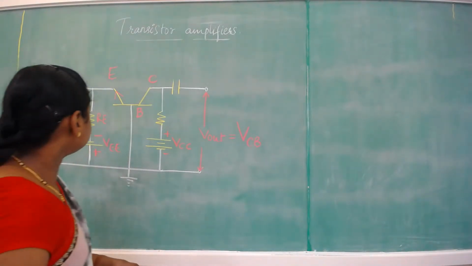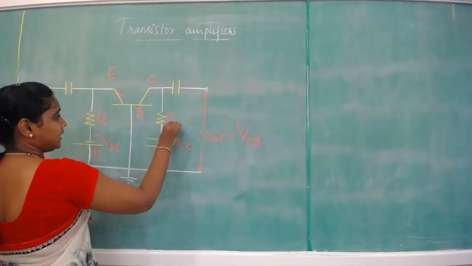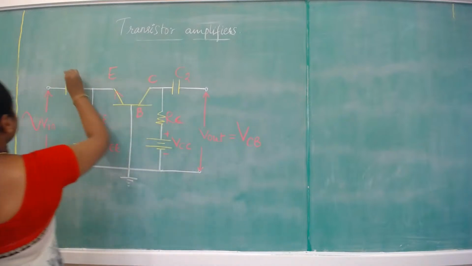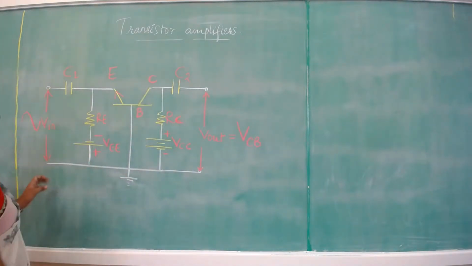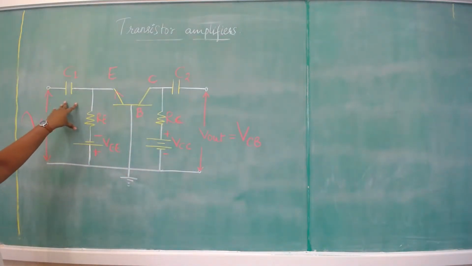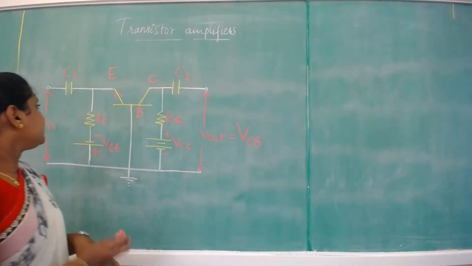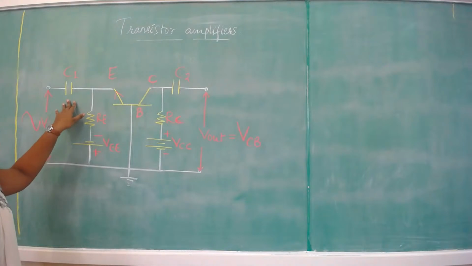This is termed as RC. This is C2 and this is C1. These capacitors C2 and C1 are just for blocking the DC and allowing only the AC. Those are called the coupling capacitors.